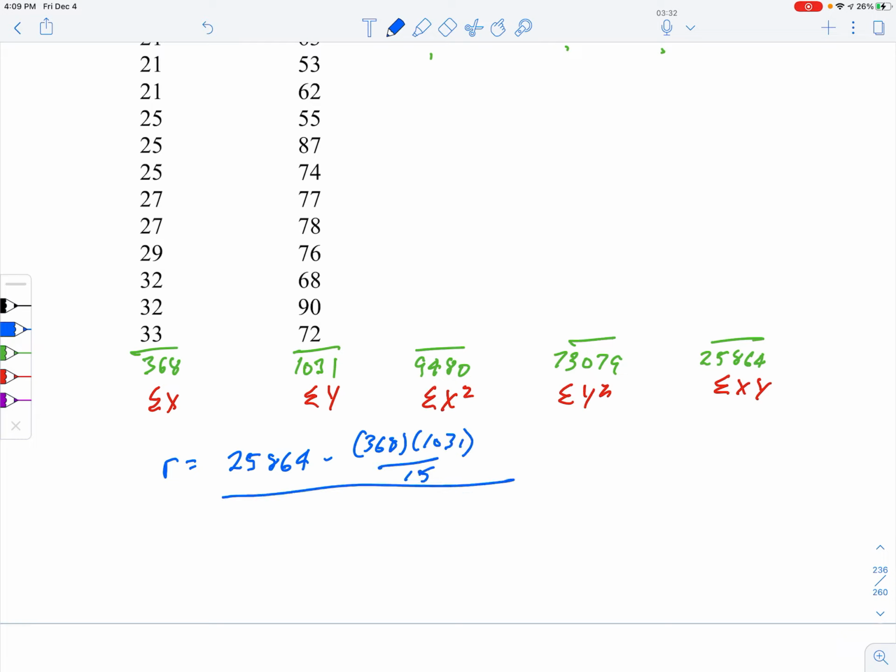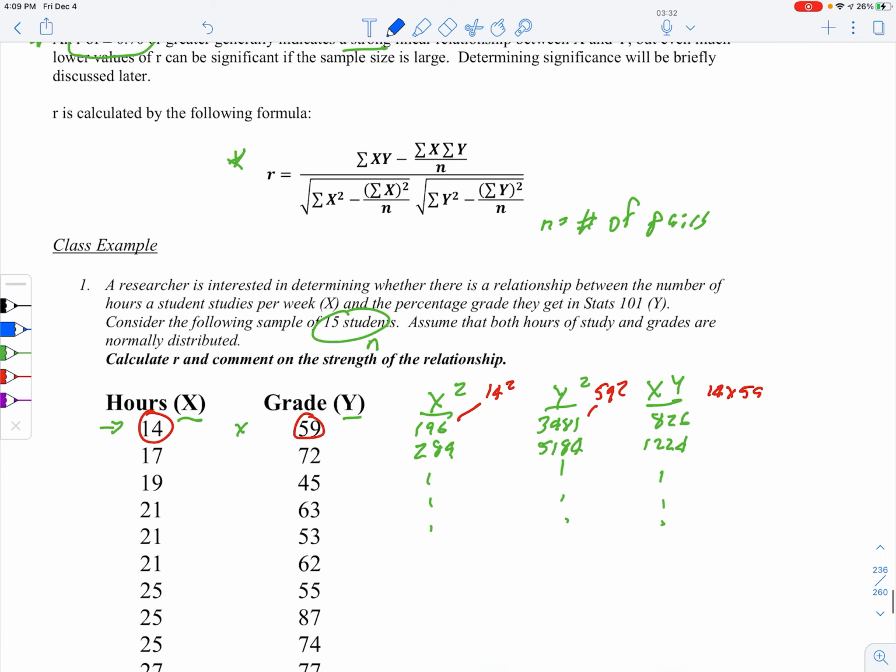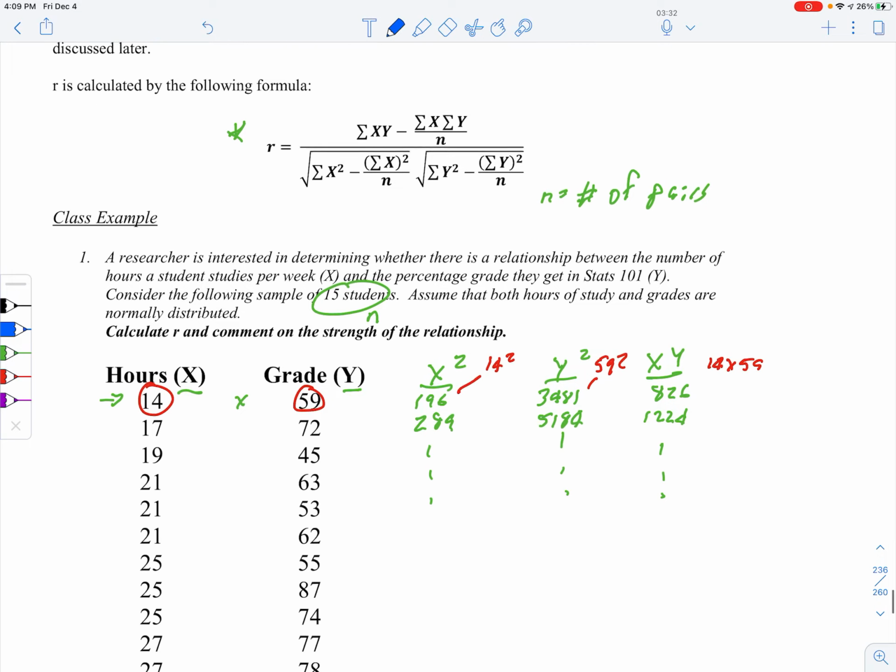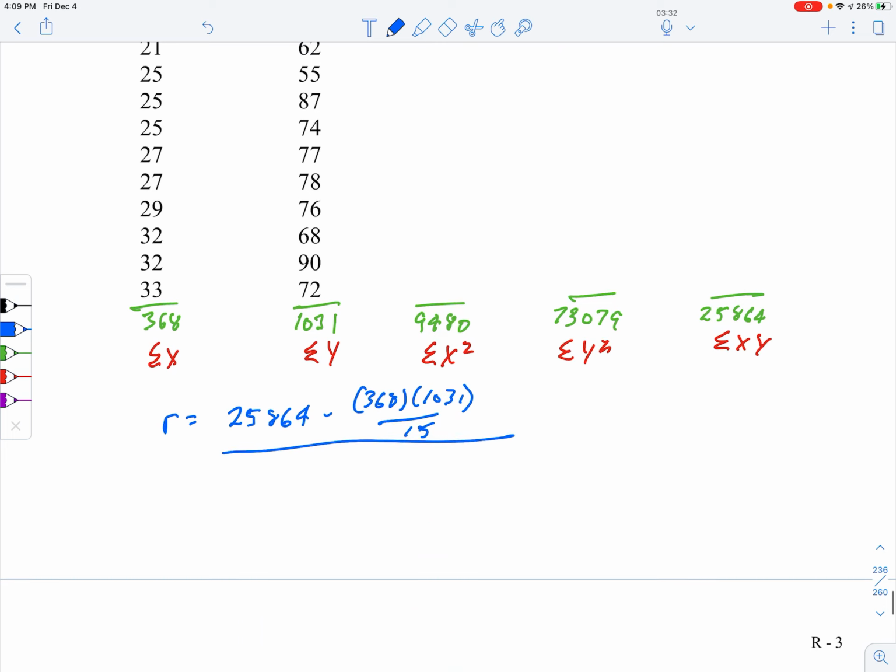And remember, your n is 15 pairs, not 30 numbers. So that's the numerator. The denominator looks a little uglier, but it's really just a variation of a square root, given some n's crossing out and so on, but it's the same concept here.